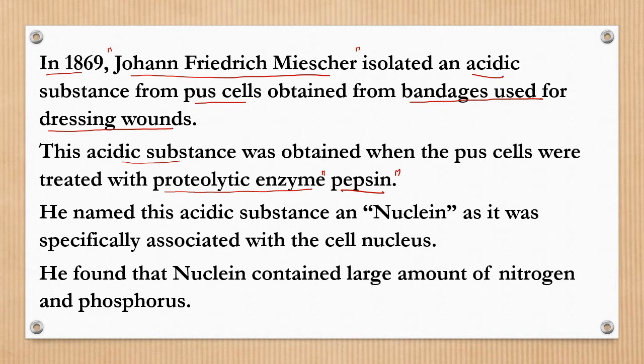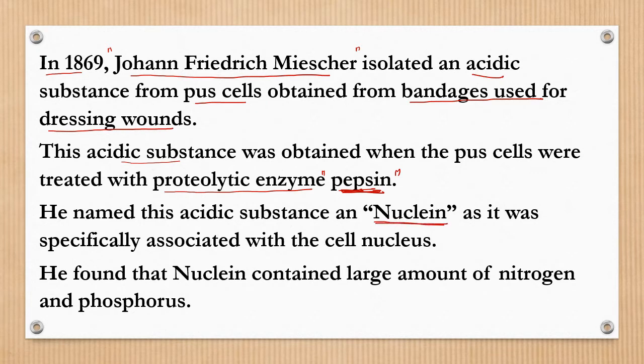Pepsin is a proteolytic enzyme. When he treated the pus cells with pepsin, he obtained that acidic substance. He named this acidic substance nuclein.